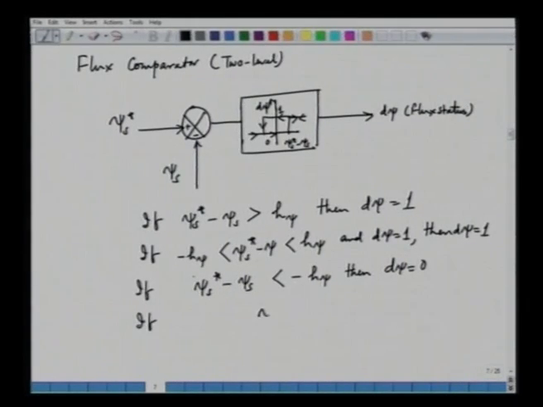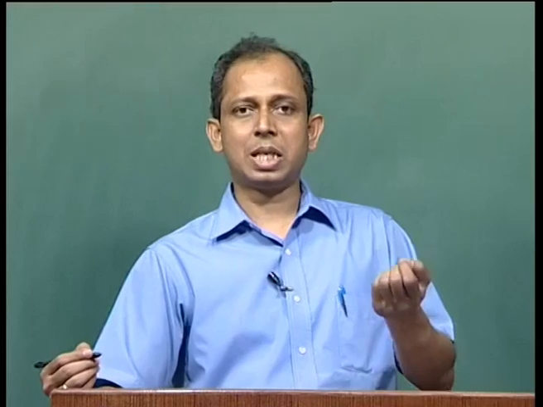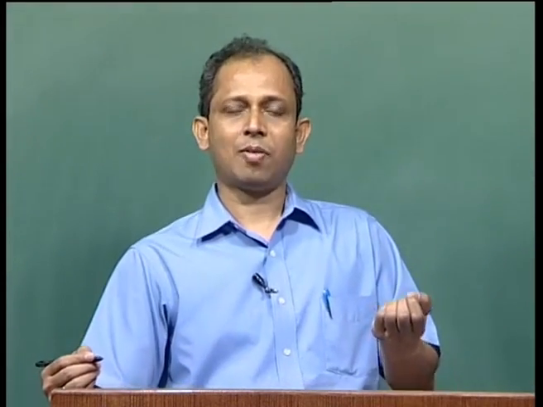If psi s star minus psi s is greater than minus h psi and less than h psi, and d psi is equal to 0, then d psi is equal to 0. If the flux error is within the band and previously the flux status was 0, the status quo is maintained. It means the flux status within the band will also be 0.